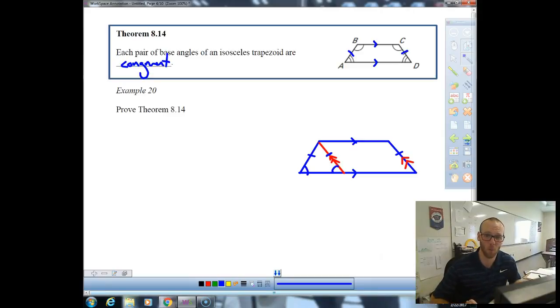All right, what I hope you realized is that when we have parallel lines, we know a lot about angles. Consider these my parallel lines, this bottom base of the trapezoid as my transversal. We've got a pair of corresponding angles, right? This angle right here corresponds with that one. They're congruent. So if these two angles are congruent, those two angles have to be congruent as well.